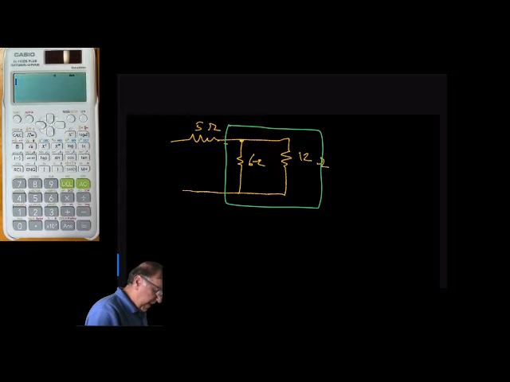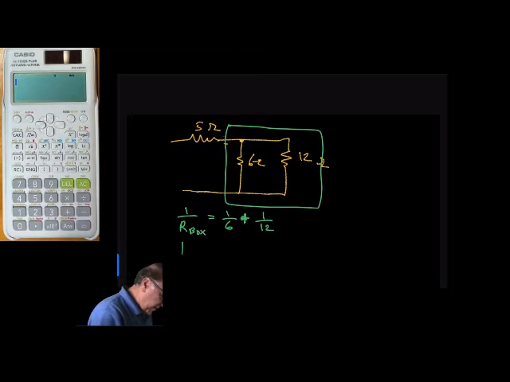So we can say now that we have 2 parallel resistors, and we remember from the last time in your homework how we solve that. So it's 1 over R in the box equal to 1 over 6 plus 1 over 12.